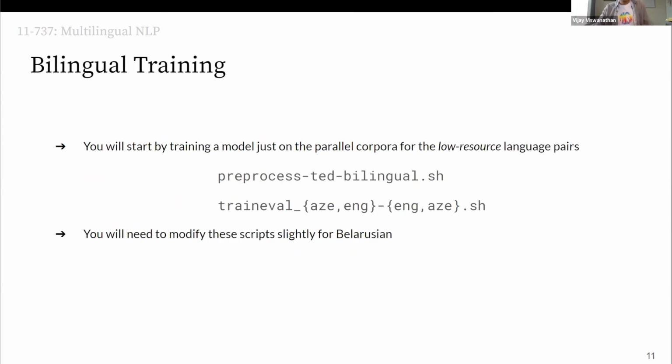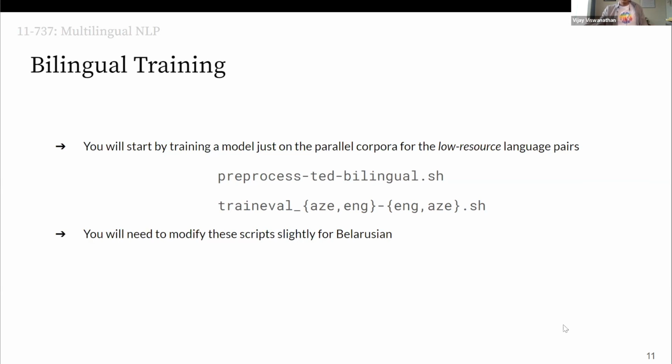Thanks, Patrick. So the minimum requirements for this assignment involve first training these MT models on bilingual data. Here we expect you to train models from Azerbaijani to English and vice versa, and also Belarusian to English and vice versa.